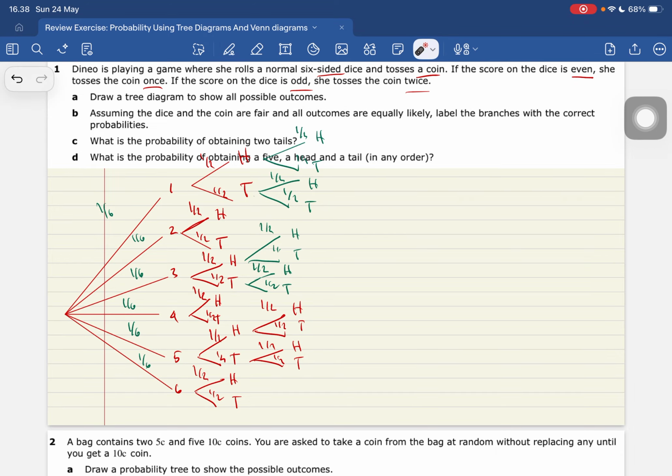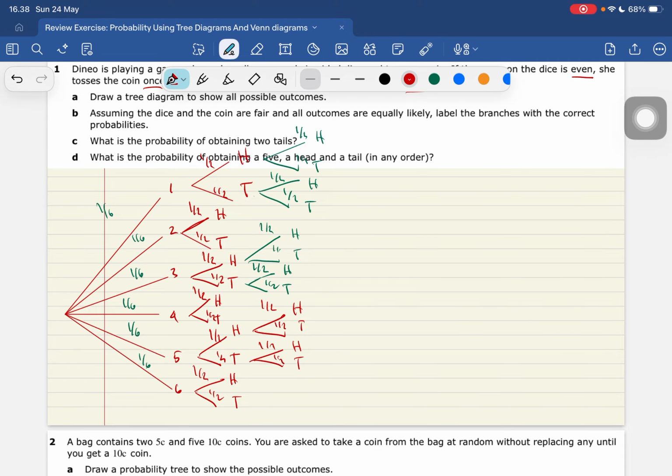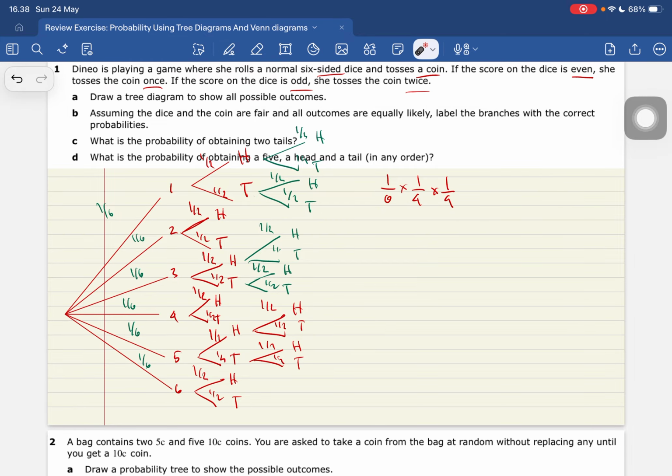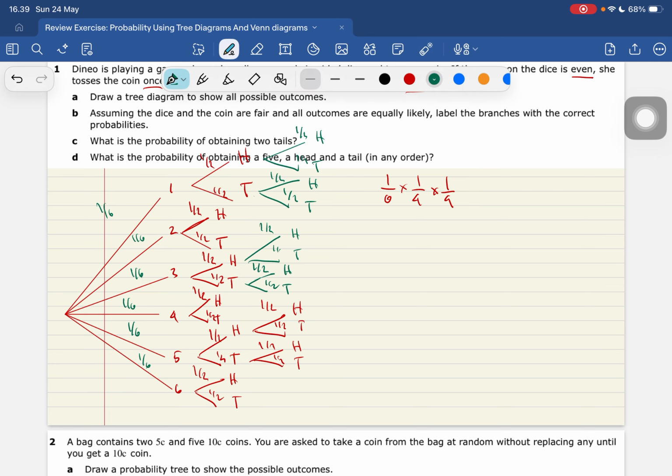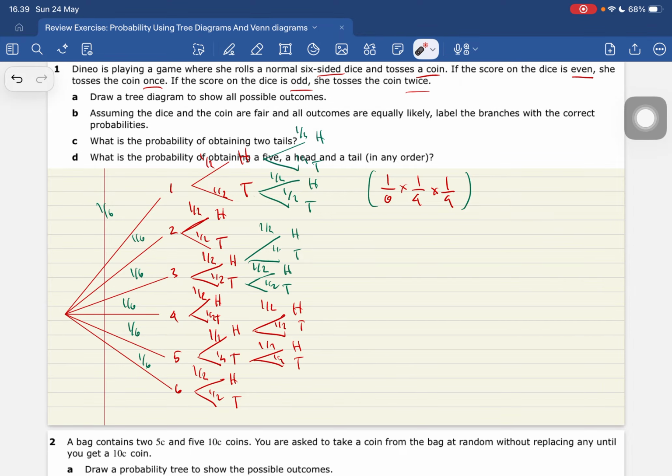Okay, here is 2 tails. So first we've got 1/6 times 1/2 times 1/2. This is for number 1, tail and tail. Next, here we've got tail and tail again, so we've got 2 so far, and 3.